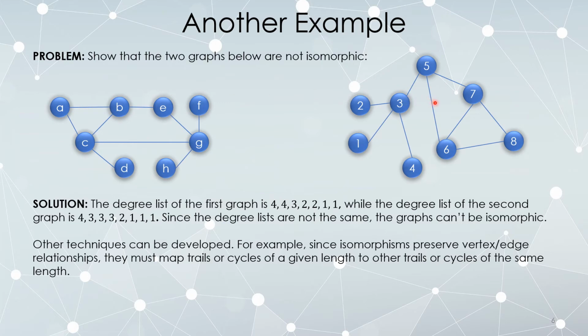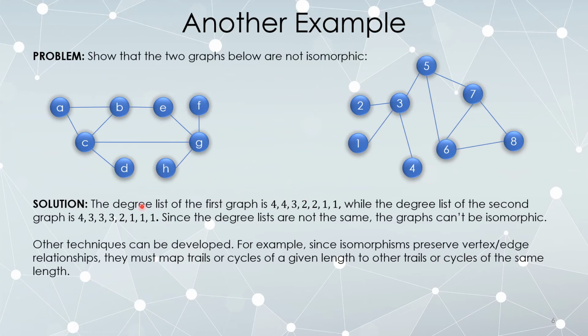So looking just at triangles or cycles of 3, 5, 6, 7 in some way has to get mapped to ABC. But then the edge connecting 6 and 7 has to be part of a different triangle, which means one of these edges would have to be part of a different triangle, and it can't be. So that's another way you can see these aren't isomorphic.